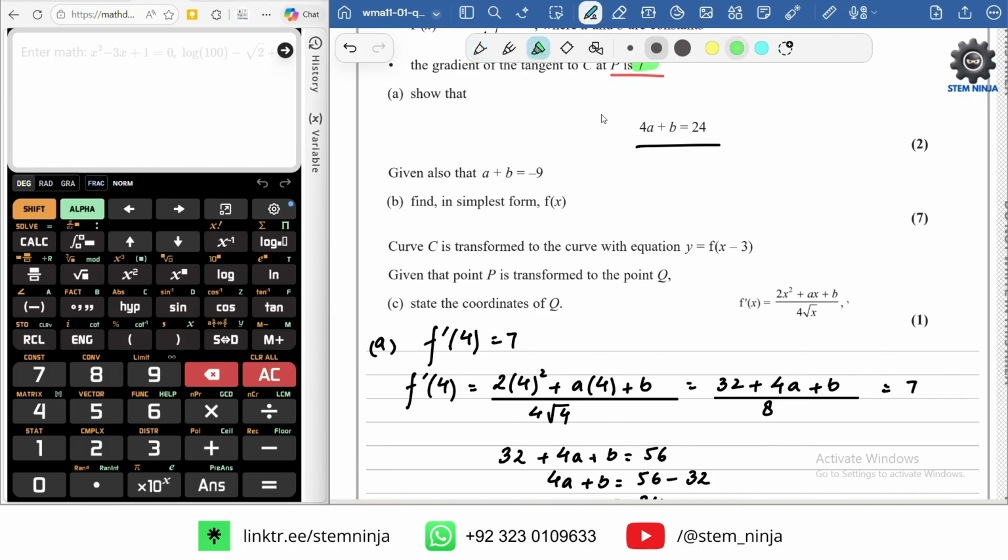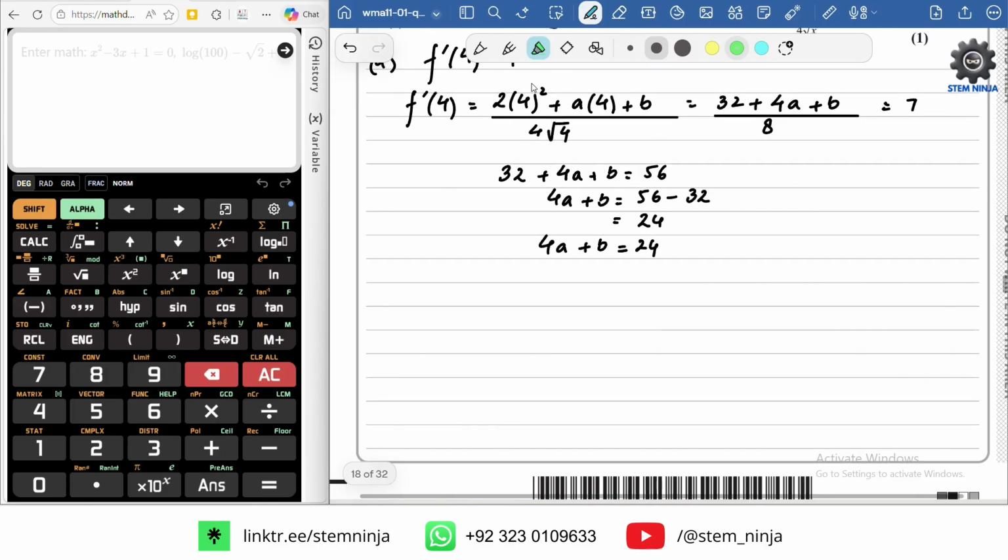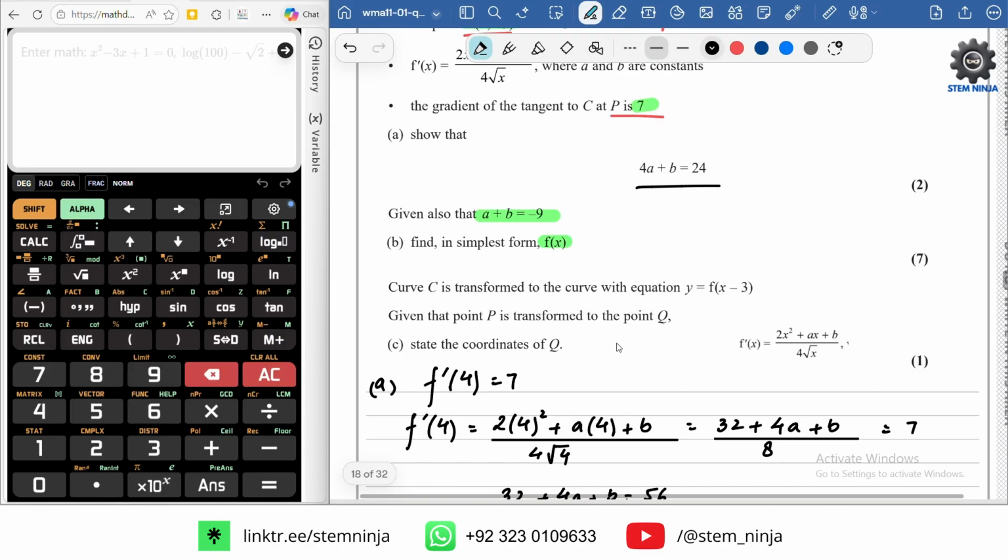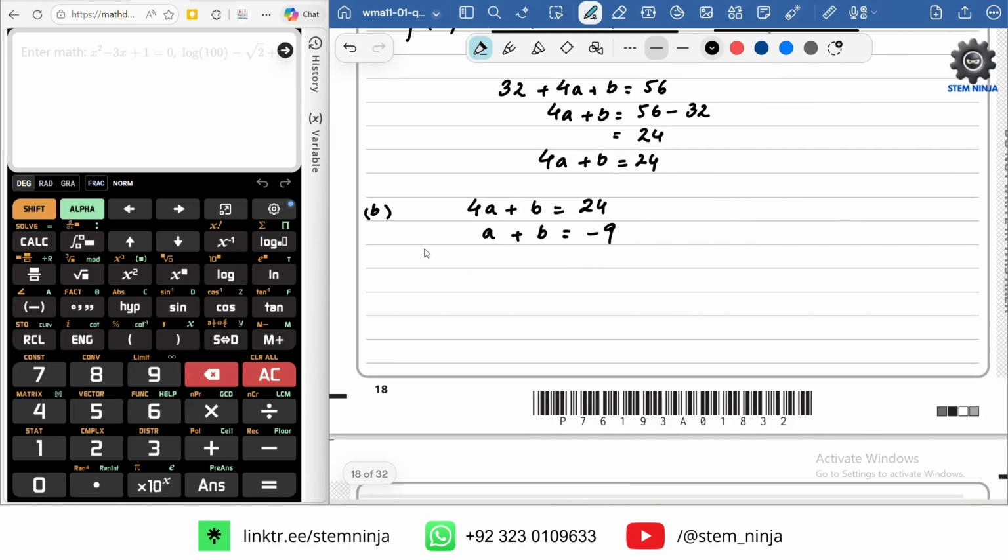Given that a plus b is minus 9, find in the simplest form f of x. So basically we need to find the value of a and b. So 4a plus b is 24 and a plus b is minus 9. Right, okay. So we solve these two equations simultaneously.